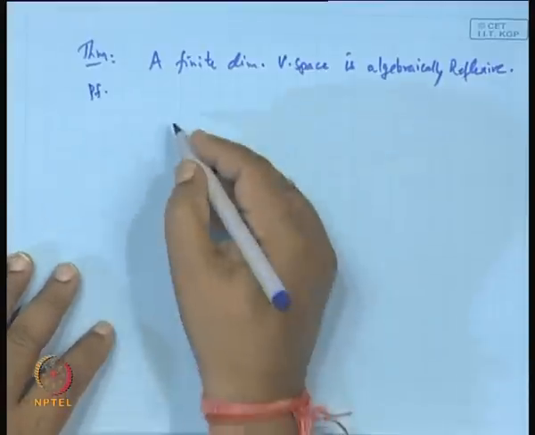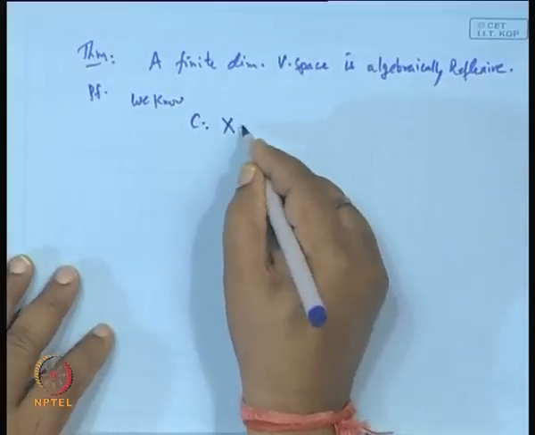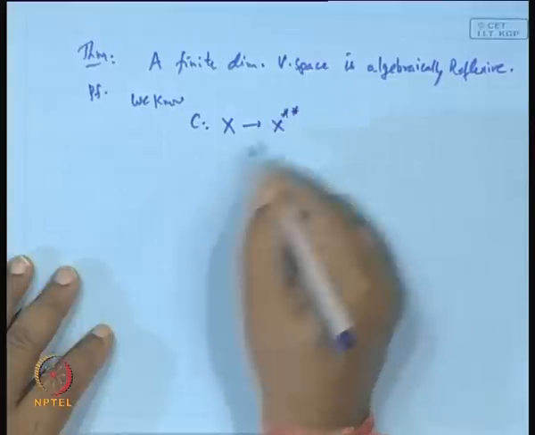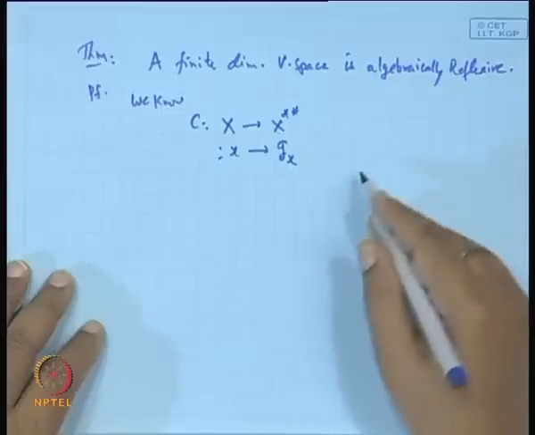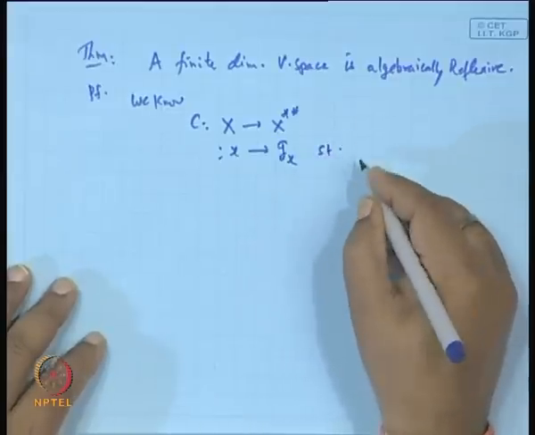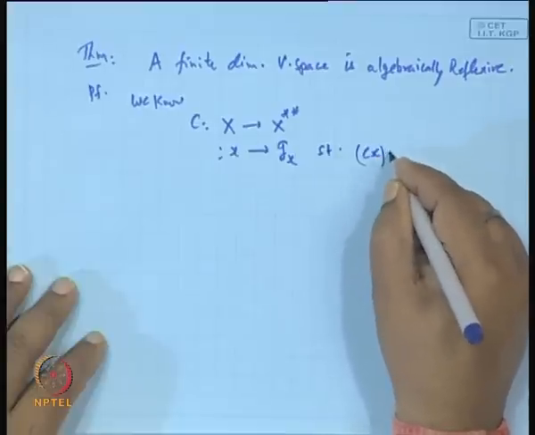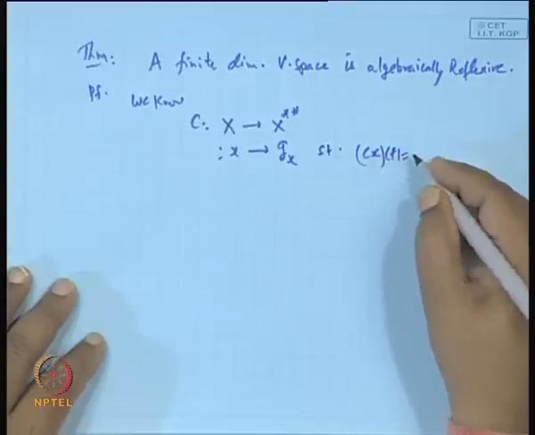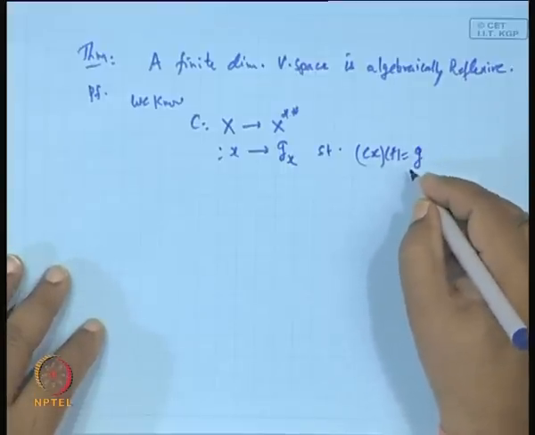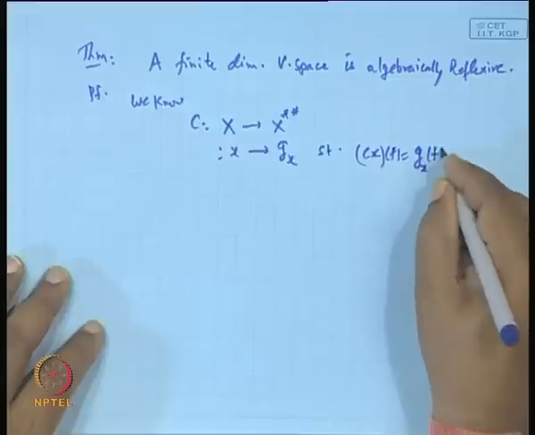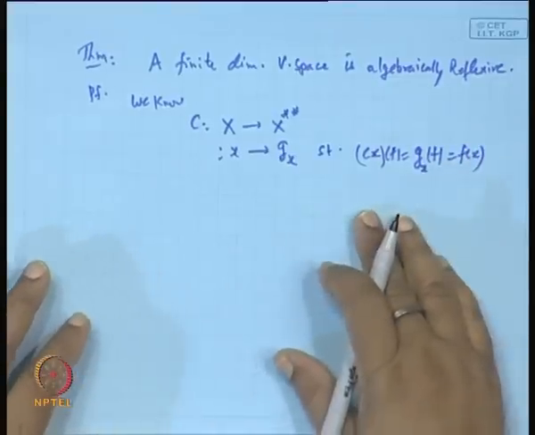We know that a mapping C from X to X double star, which transfers x to g of x, such that C x f equals g of x f equals f x. Is it not? That way we have defined.